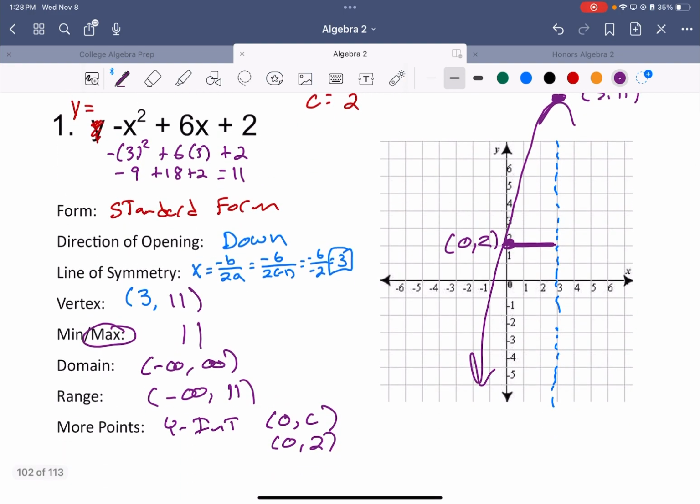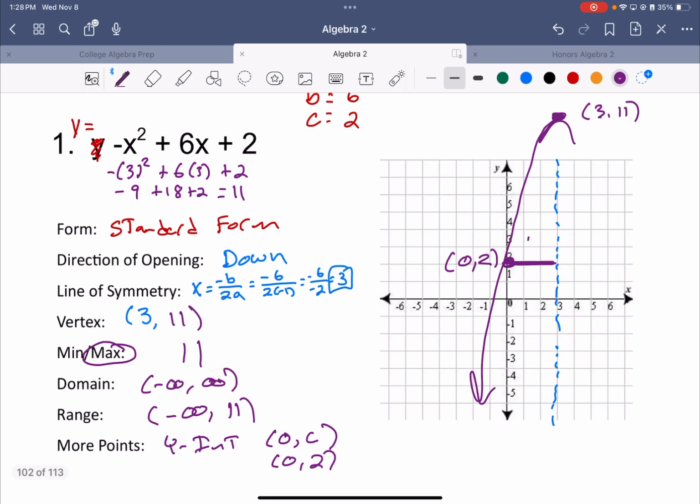So my x goes from 0 to 3. So that has a distance of 3. So if I go 3 more over, I've got another point. And that's the point (6, 2). And there's my graph in standard form. Finding all of those things. That's what we did yesterday.